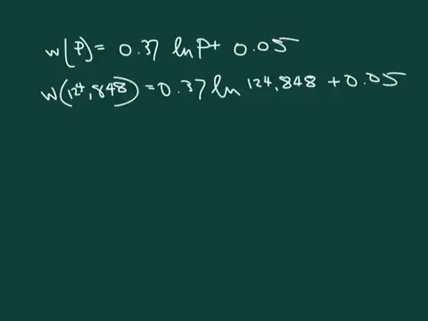Okay, so we just plug those numbers in. And this formula is the walking speed, based on population. So you should get an answer of 1.8-ish for Hartford.